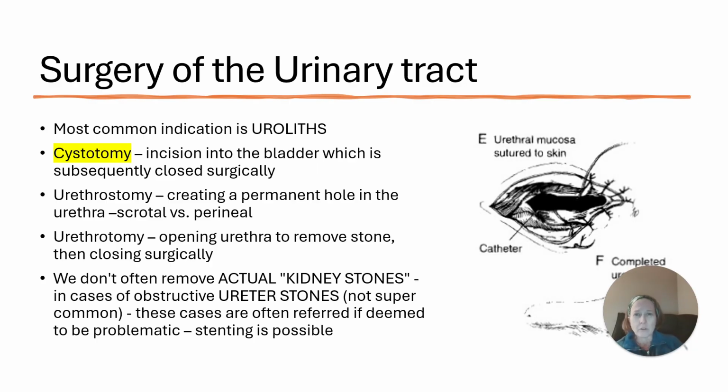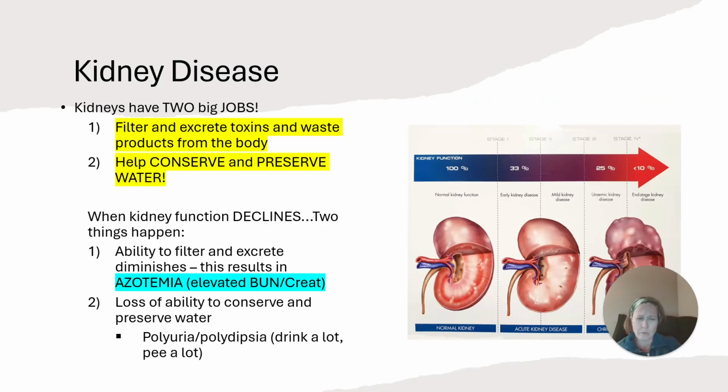If they are truly obstructing the renal pelvis, you can end up with what is called a hydronephrosis, where the back pressure from the urine formation gets so elevated it compresses the renal cortex and essentially makes the kidney just like a bag of pee in there. Or if we get stones in the ureter, those are typically cases that your average general practitioner is going to refer to a surgical specialist. We do not like to mess around in those areas.